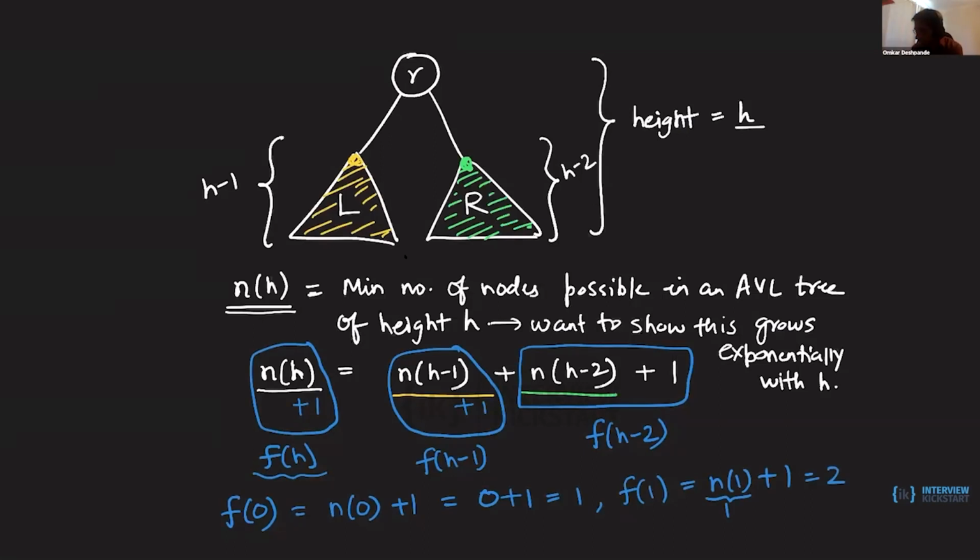So f of 0 is 1, f of 1 is 2, f of 2 will be 1 plus 2, which is 3. So the values we are getting are 1, 2, 3, 5, 8, 13, and so on.